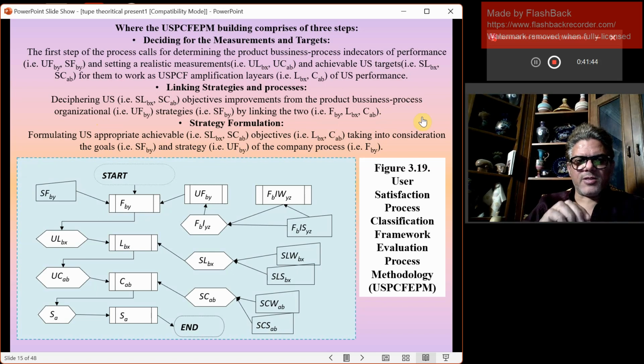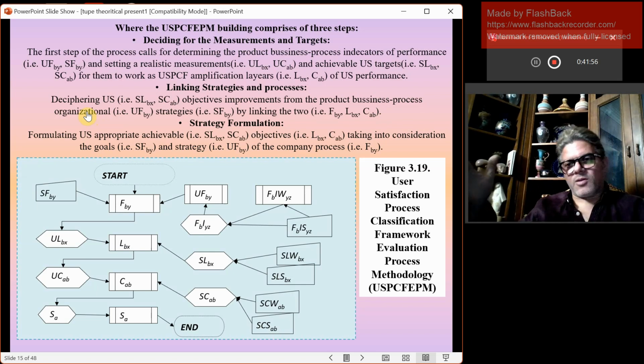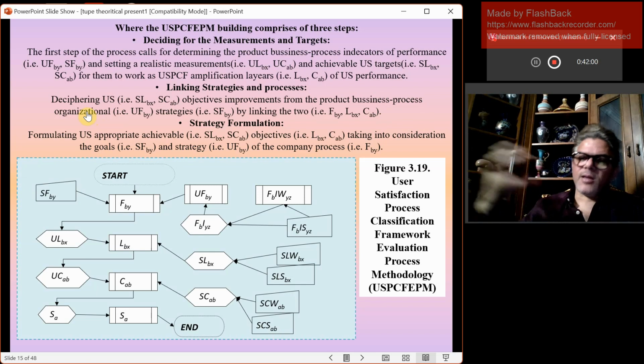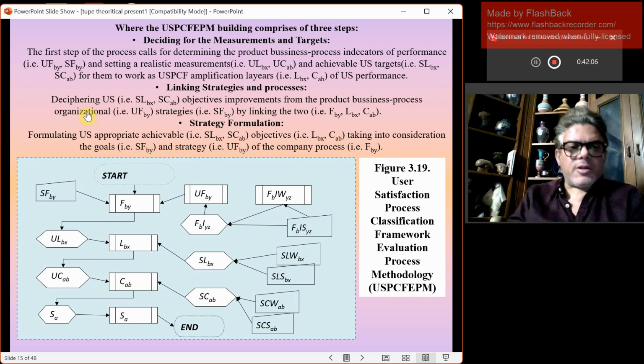The PCF itself contains the business process organizations in parallel with the user satisfaction process, but it's independent and ambiguous, and linking them all together in one product satisfaction linear progression.